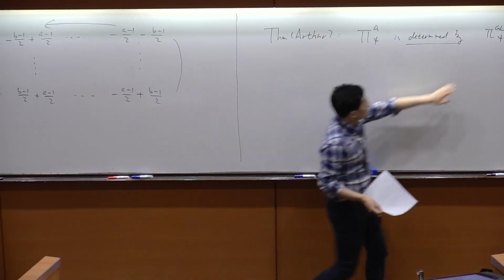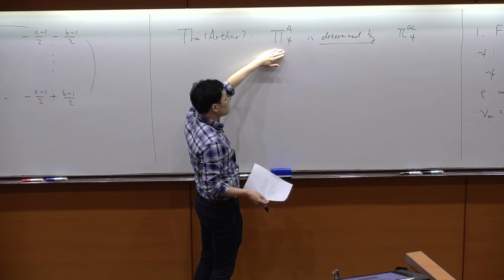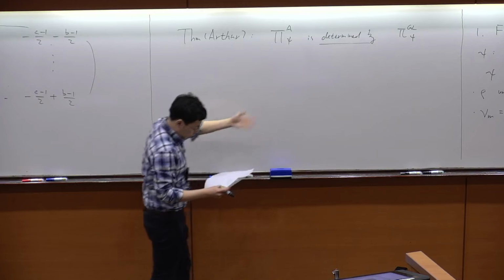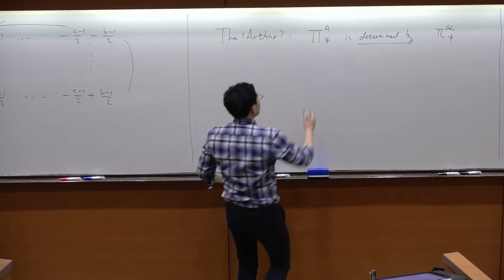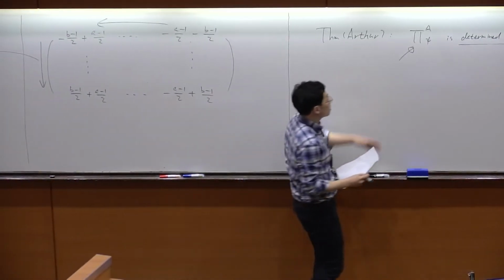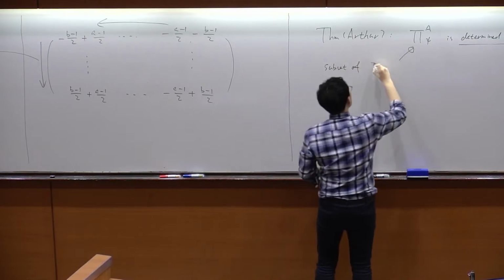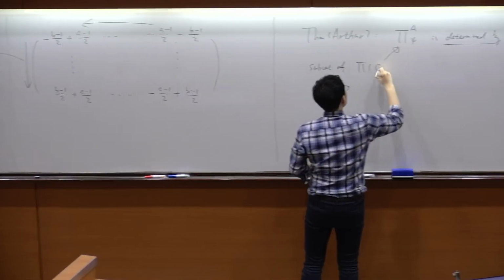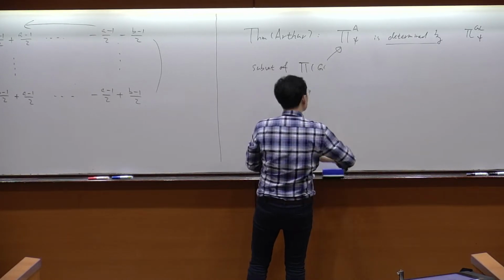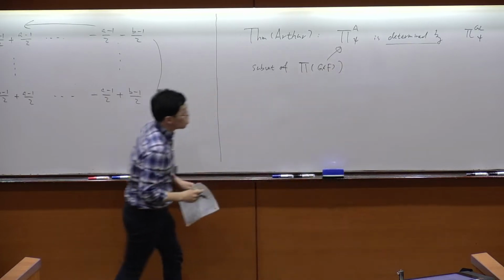And in particular, this will determine this as a character. So by the linear independence of these characters, it also determines this. You can say it's the multiset. And indeed, by a theorem of Moeglin, this is actually a subset of the irreducible representations of this local group.